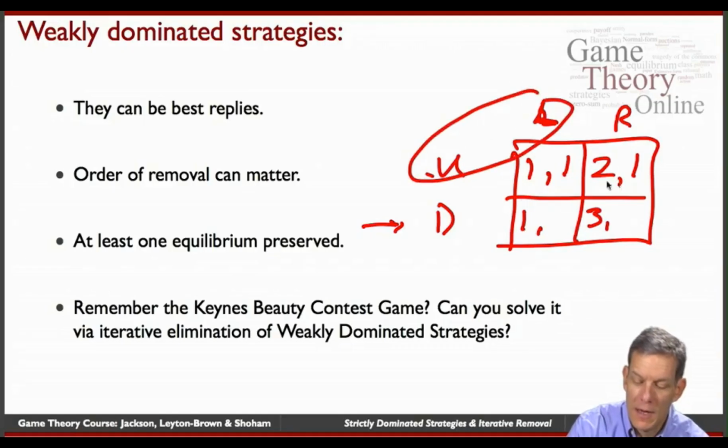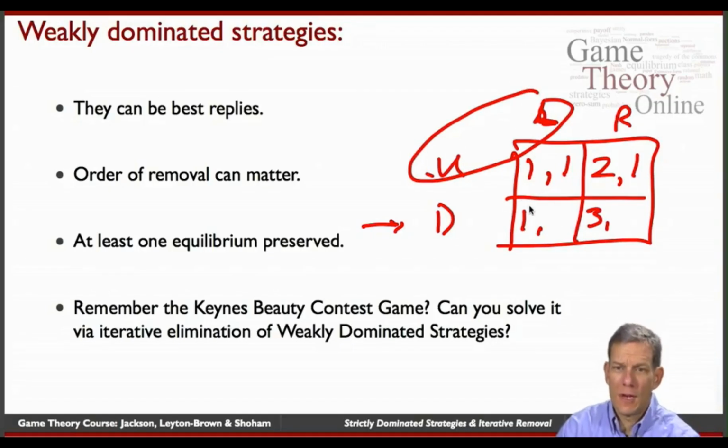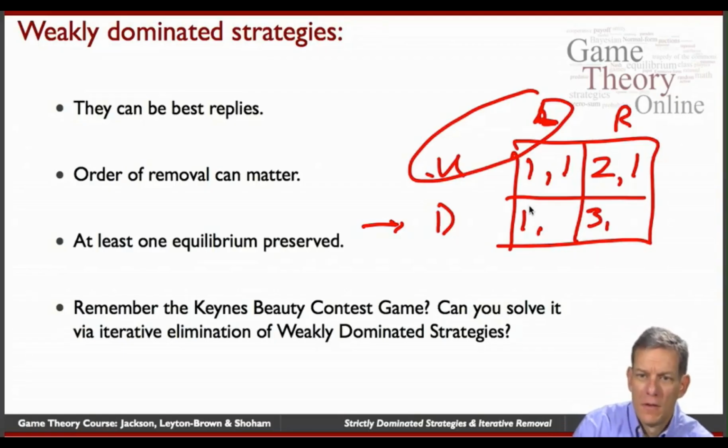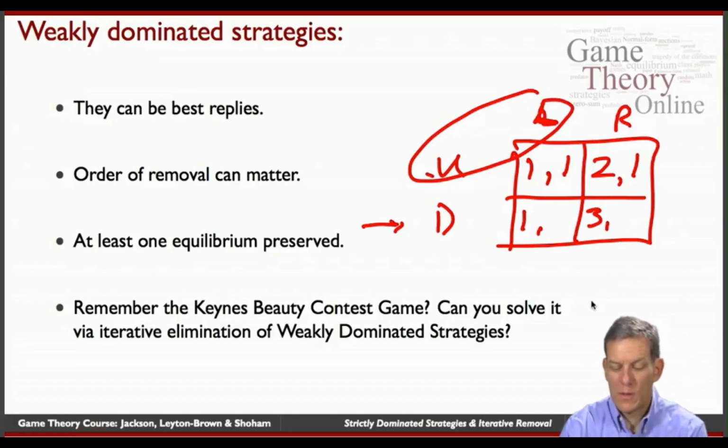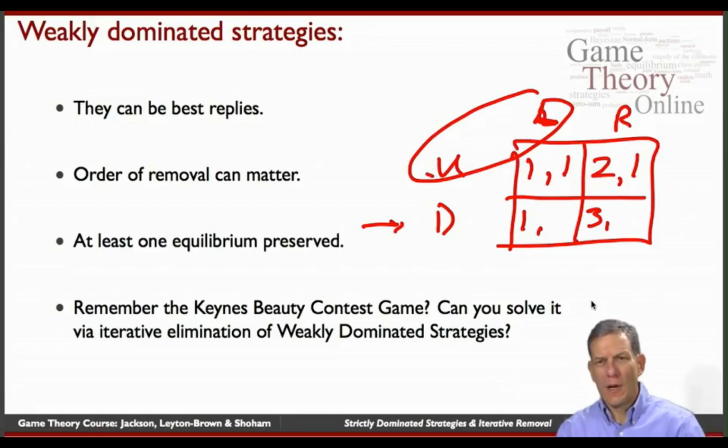And so eliminating that actually eliminates one of the Nash equilibria of the game, right? So depending on what those payoffs are, we could end up eliminating a Nash equilibrium of the game. And so this is a situation where we end up eliminating something which could be part of an equilibrium.